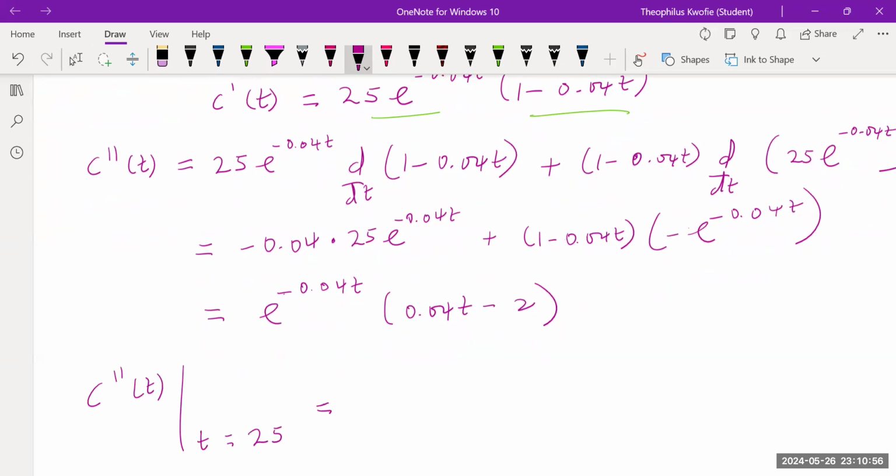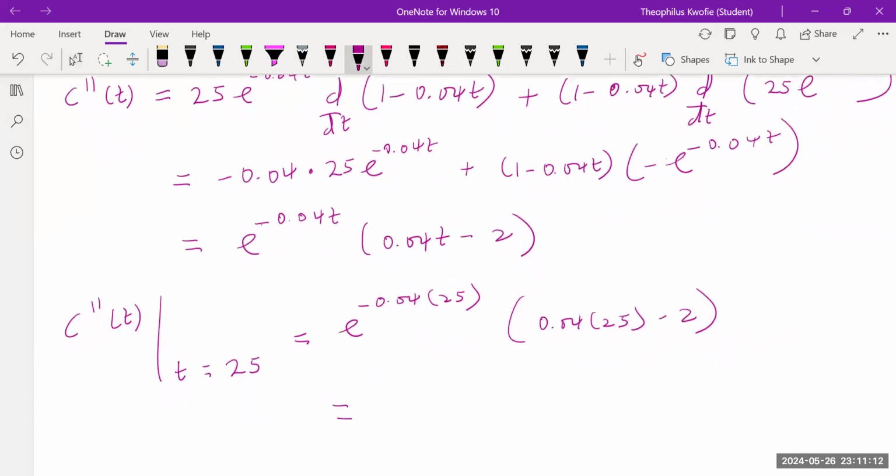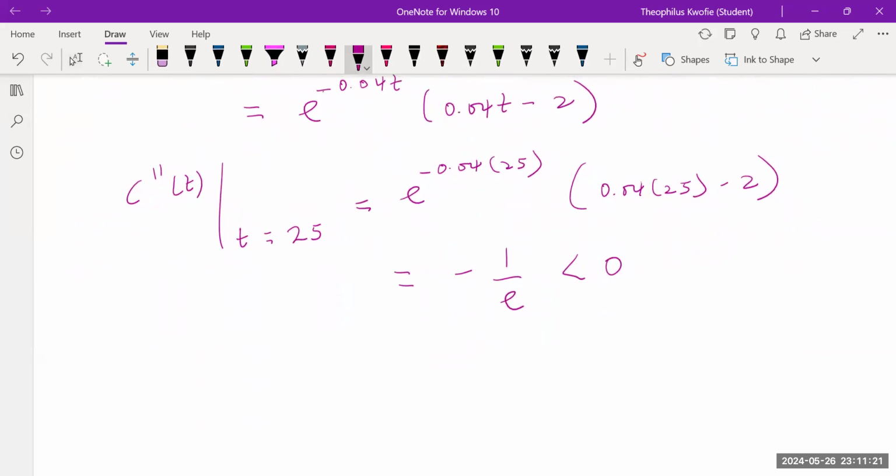So by evaluating that, we should have minus 1 on e, which is less than 0. But we are not done, right? We also have to evaluate the main function at t equal to 25.